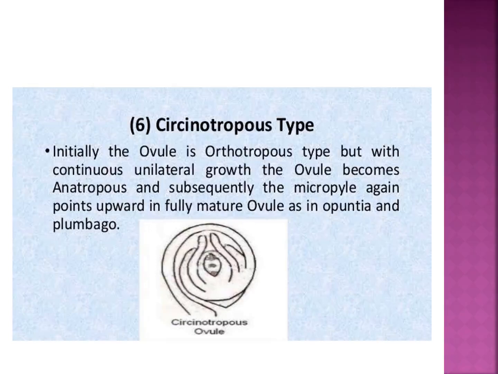This example is already in your book page. The ovule orthotropous type has continuous unilateral growth. Uni means single. Next.